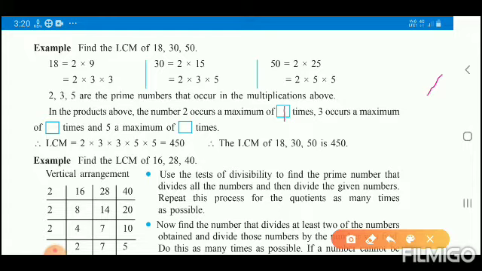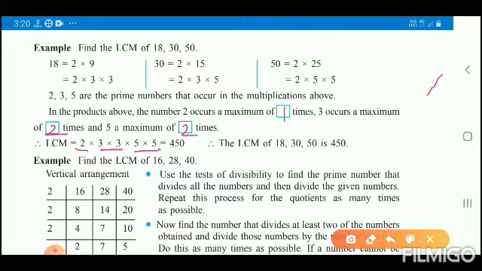Yes. 3 occurs a maximum of 2 times. And 5 is a maximum of 2 times. So we will take these numbers as 2 one time, 3 two times and 5 two times.